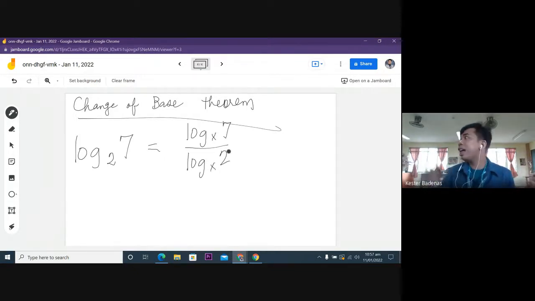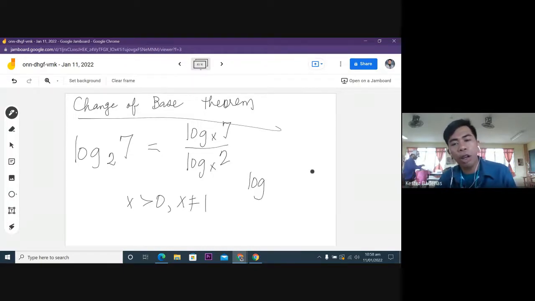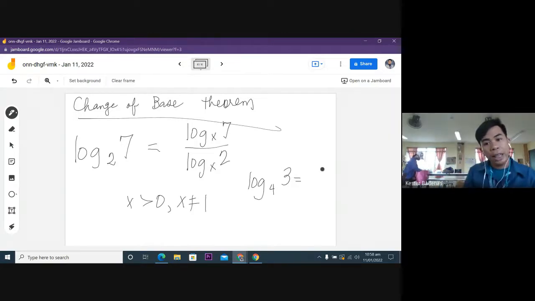Kapag ni-rewrite na natin siya, yung x natin can be a positive number except 1. X should be positive and x is not equal to 1. Halimbawa, pag mayroon tayong logarithm of 3 with the base 4, pwedeng kahit anong number yung base. Basta magiging logarithm of 3 over logarithm of 4 siya.